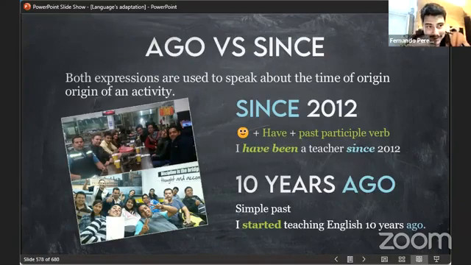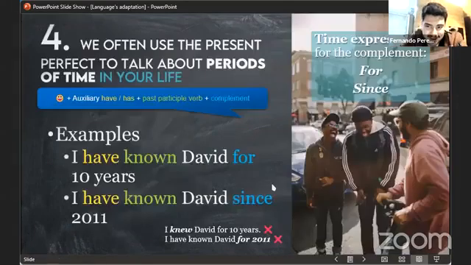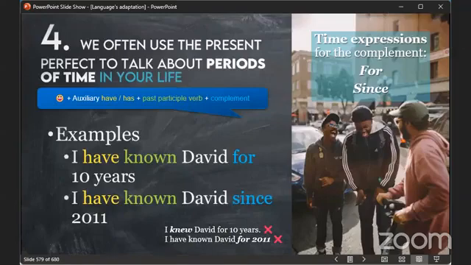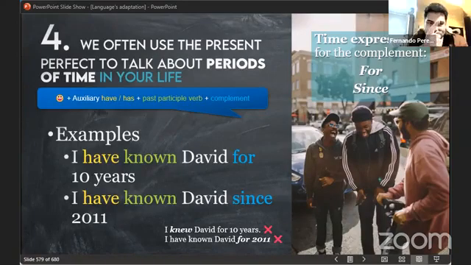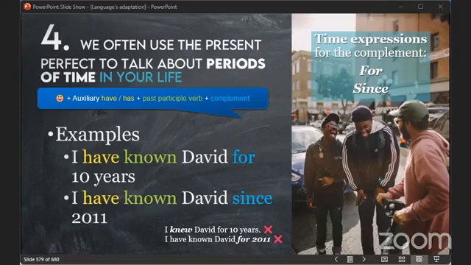So you need independent examples for ago, independent example for. I have trained in the gym for 5 years. For 5 years, excellent. I have trained in the gym for 5 years. That's much better.